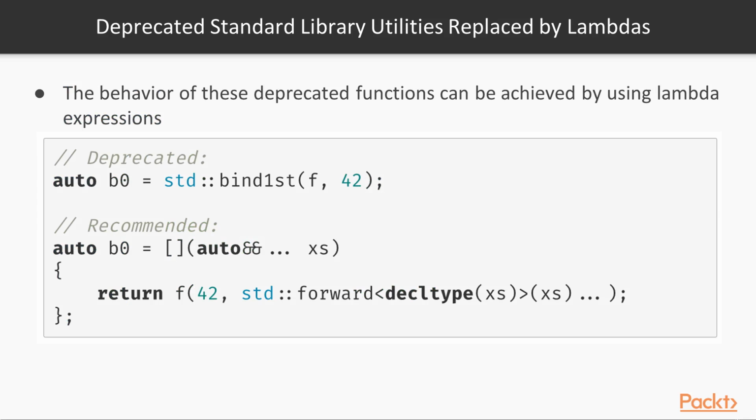Let's now see an example of how you can use a lambda to reproduce the behavior of these deprecated functions in a better way. So, above I have auto b0 = std::bind1st(f, 42), which basically binds 42 as the first argument of the f function call, and that's deprecated, and you should not use this function and replace all current occurrences in your codebase.